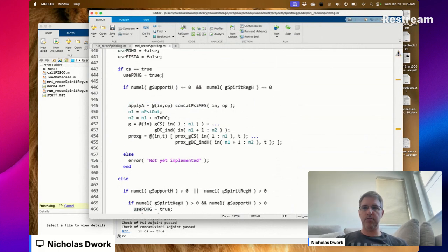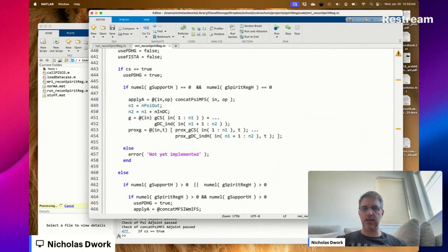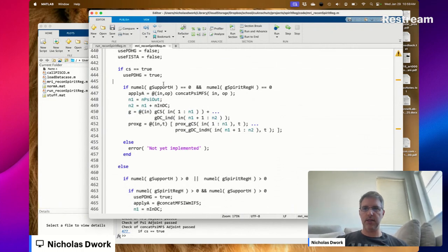I think we always have to use PDHD with compressed sensing, the way that we're doing compressed sensing.